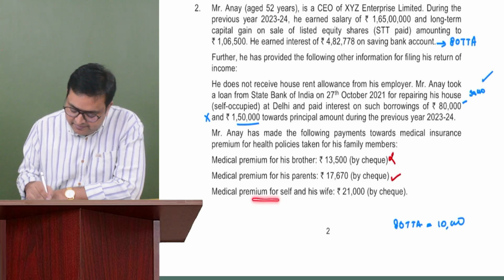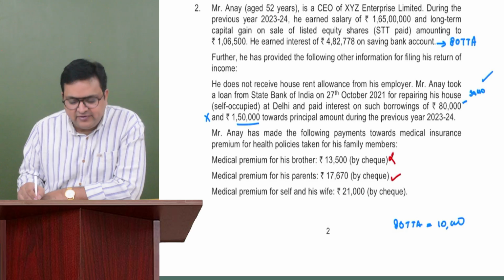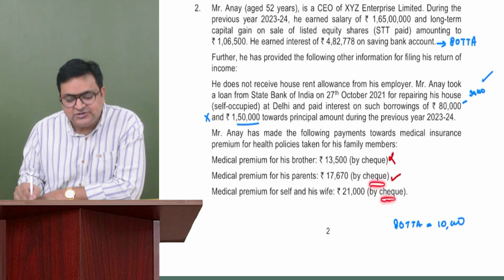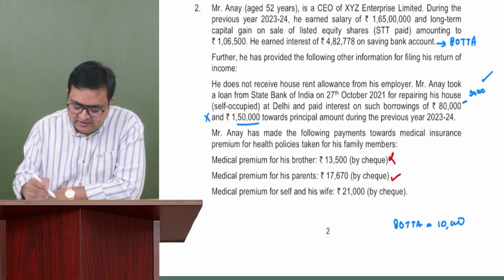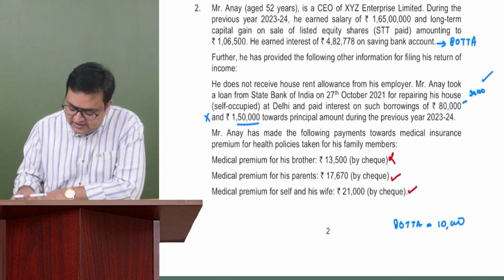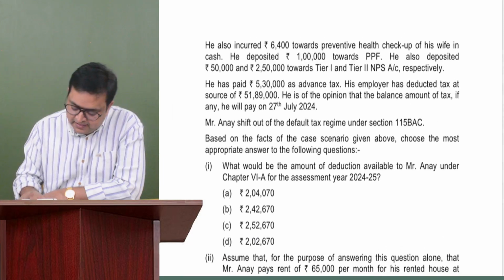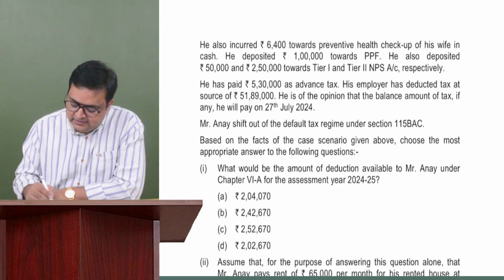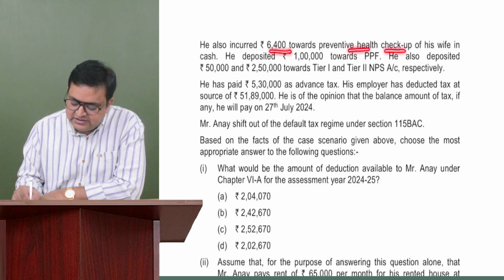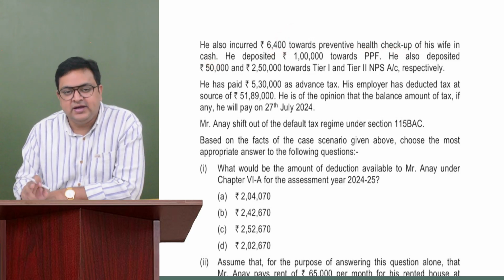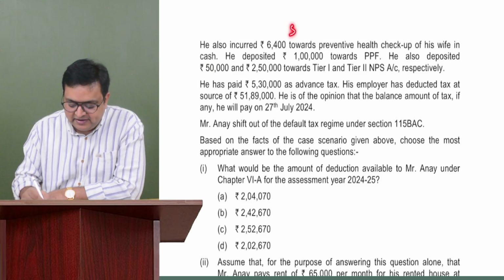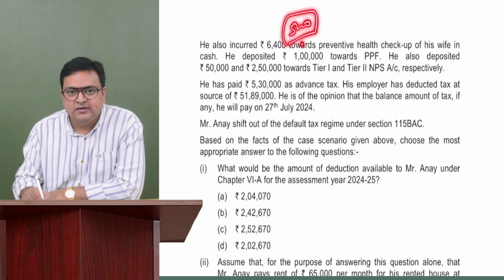Then medical premium for self and his wife is 21,000, and it is not paid by cash, it is paid by check. So we can allow 21,000 also. He also incurred 6,400 towards preventive health checkup for his wife in cash. See, preventive health checkup is allowed, and that too in cash, but maximum 5,000 for everybody.